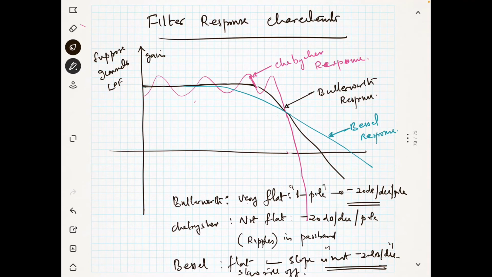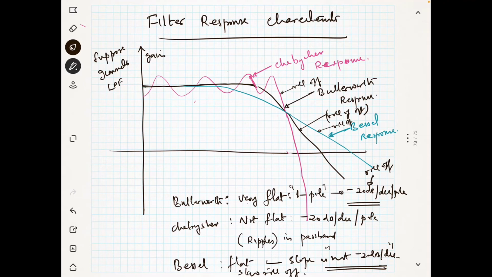That means the gain is decreasing. This is nothing but the roll off. All these characteristics, we will call this slope the roll off. This roll off rate is high in Chebyshev, and in Chebyshev I have made a mistake here.